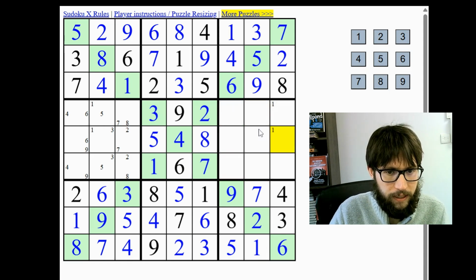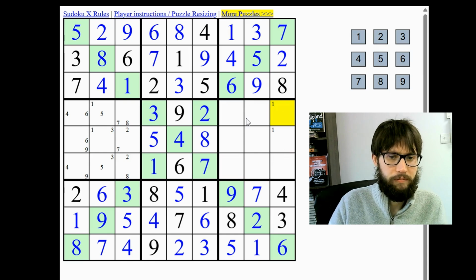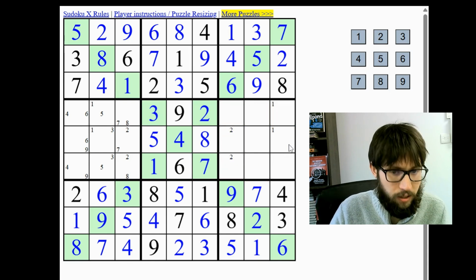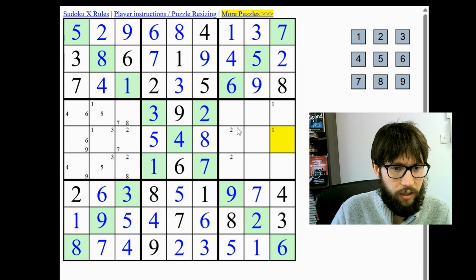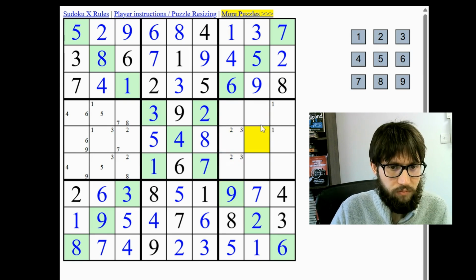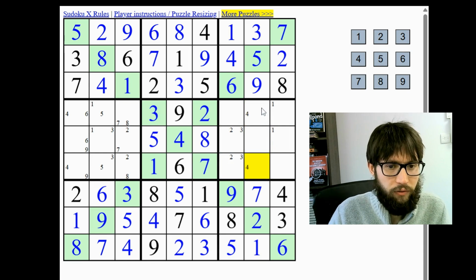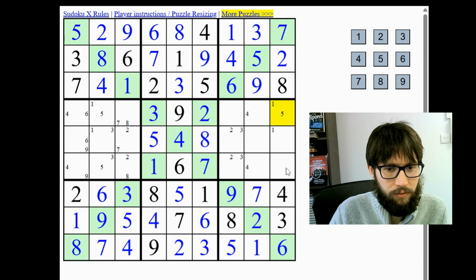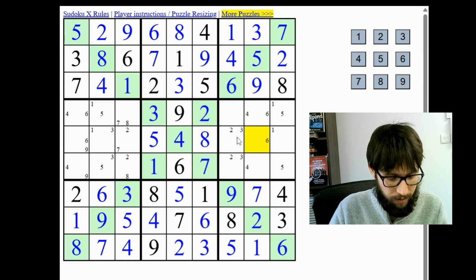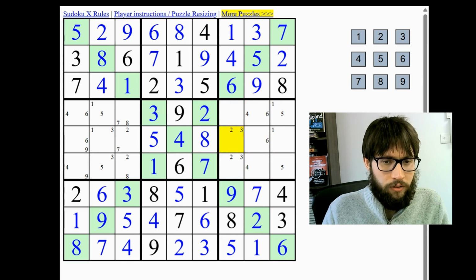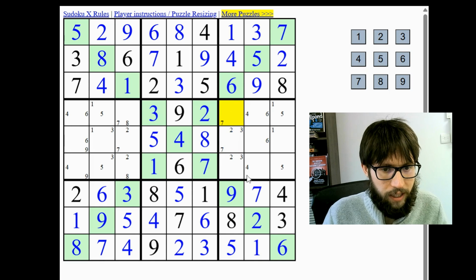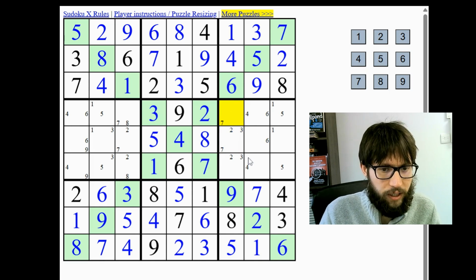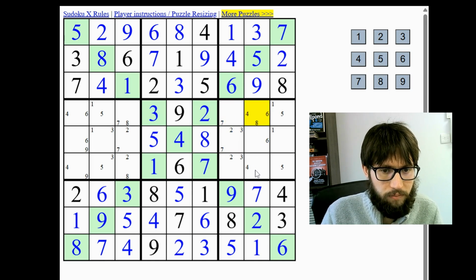1 has to go here or here, 2 has to go here or here, 3 has to go here or here, 4 has to go here or here, 5 has to go not in the centre, not there, there or there, 6 not there, not there, has to be there or there, 7 not in the centre, not there, there or there, 8 not there, not there, not there, not there.